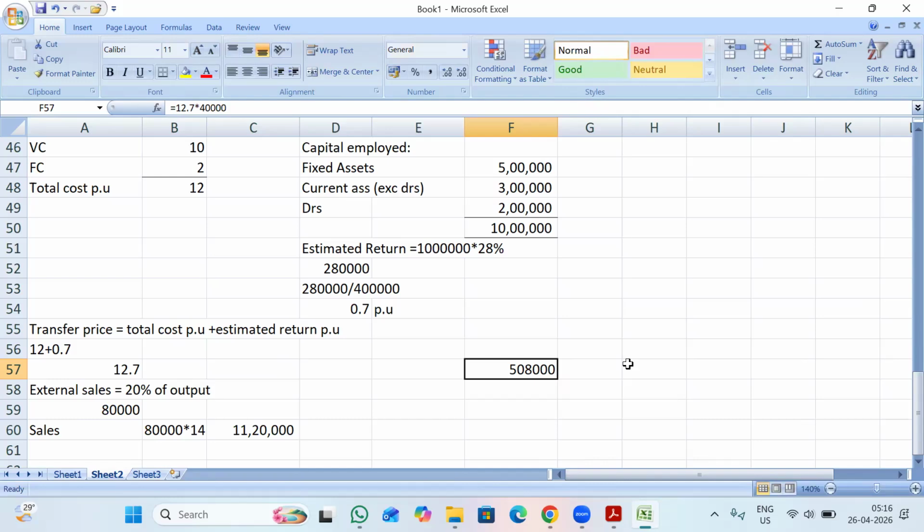So I require a total income of 50 lakh 80,000.